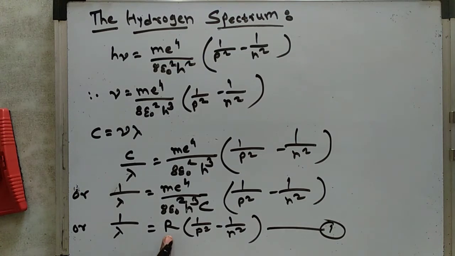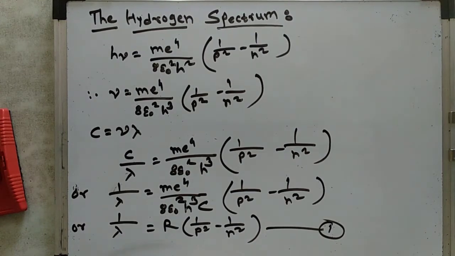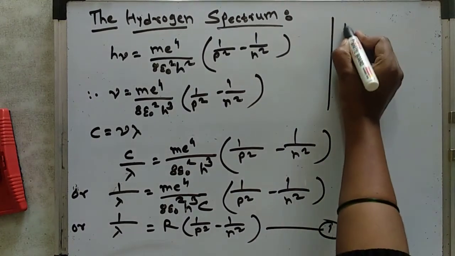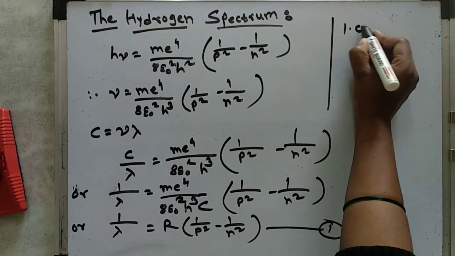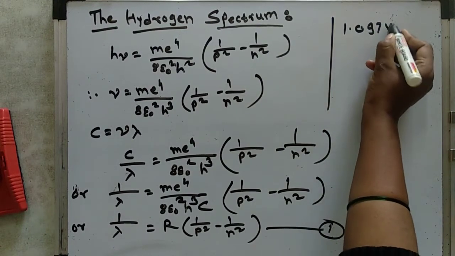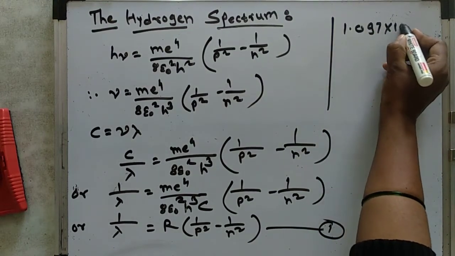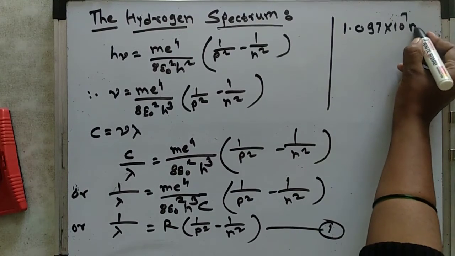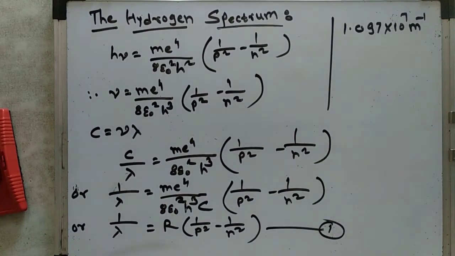R is the Rydberg constant, and its value is 1.097 into 10 raised to 7. This is the value of the Rydberg constant.